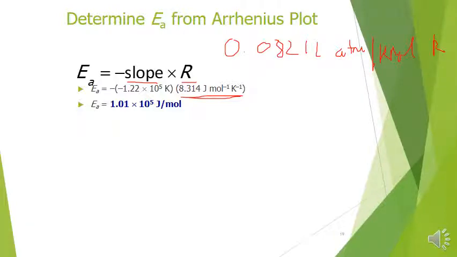It also can be written in terms of joules per mole Kelvin, and the reason is that liters times pressure, which is a volume times pressure, is also an energy term, which joules are. So we can use this value instead of that value; just the units are different. Now when we do that, we get that EA is 1.01 times 10 to the 5th joules per mole.